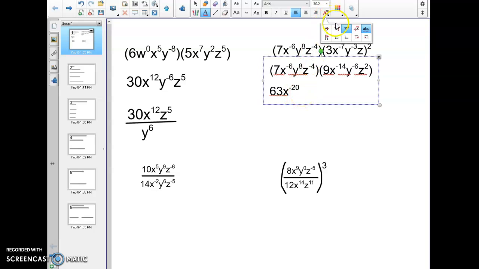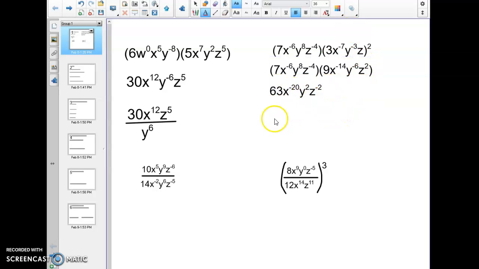Sorry, I got to organize my, there we go. Y to the 8th and y to the negative 6 adds to y squared. So the 8 and negative 6 here combine to be 2. All right, and then with the z, z to the negative 4th and z squared becomes z to the negative 2. All right, and that's my answer.